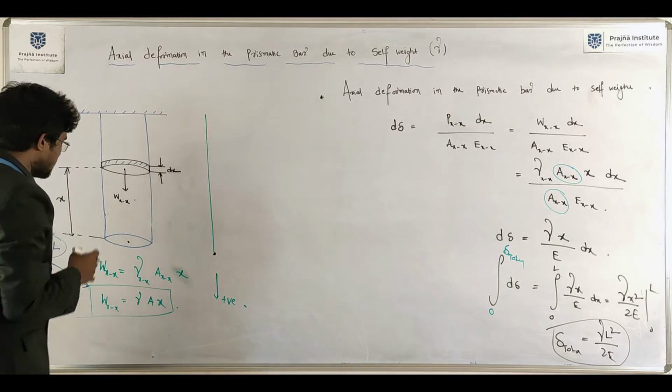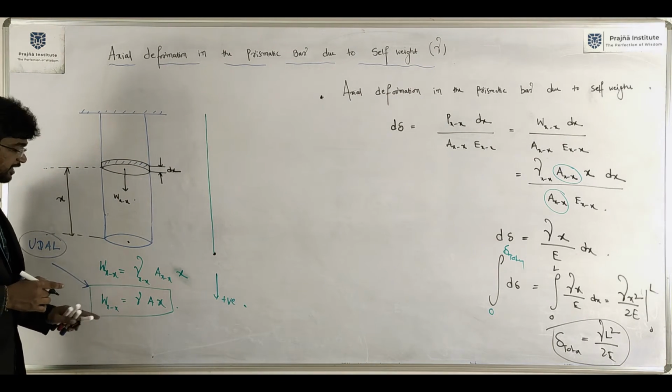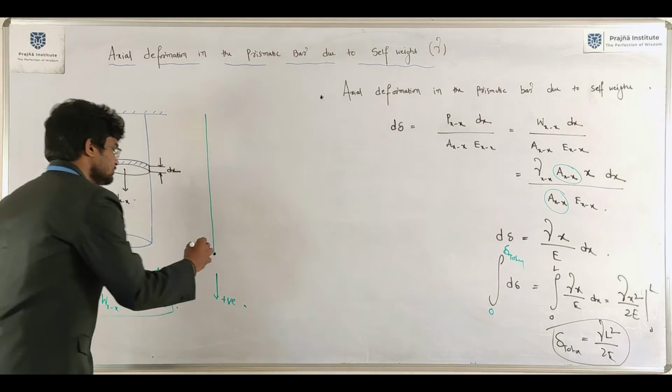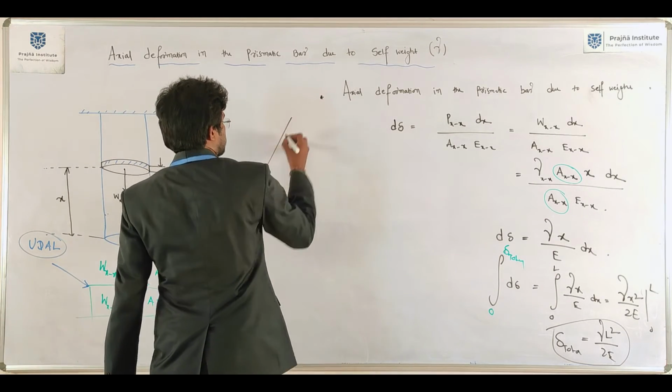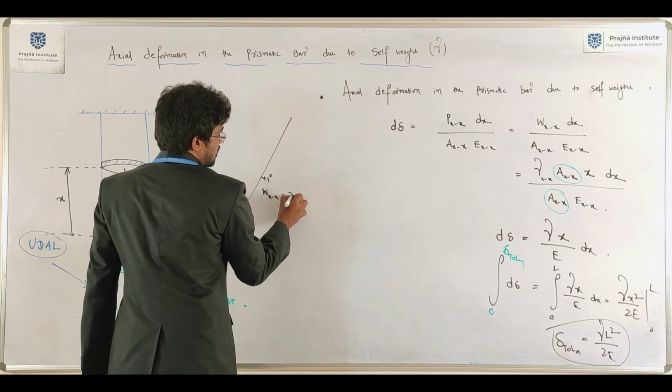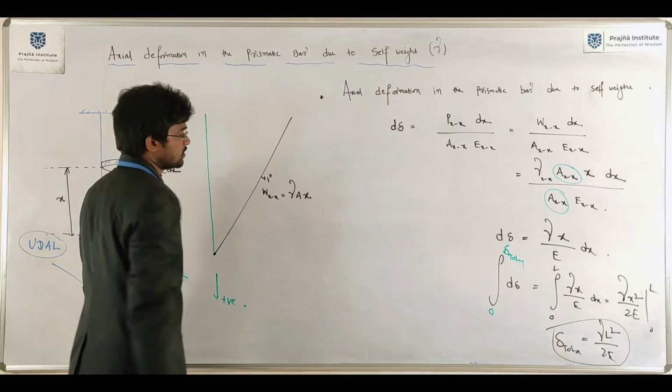It is linear now. How does the weight vary with distance x? It is linear, so from here to here it is first degree. Wx equals gamma A x.